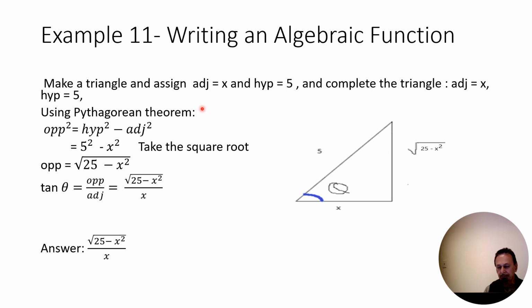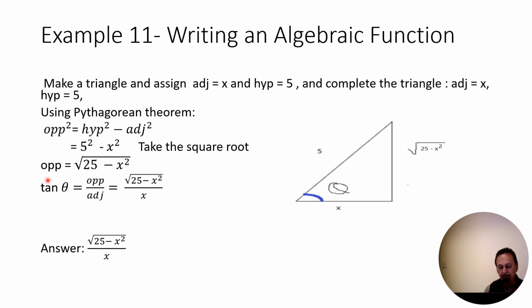Let's make a triangle and assign the adjacent side as x and the hypotenuse as 5. Then we calculate the opposite side using the formula: the square of opposite is the square of hypotenuse minus the square of adjacent. It's like the Pythagorean theorem, where we're looking for a, so a is the square root of c squared minus b squared. The hypotenuse is 5, so 5 squared, and adjacent is x, so x squared.